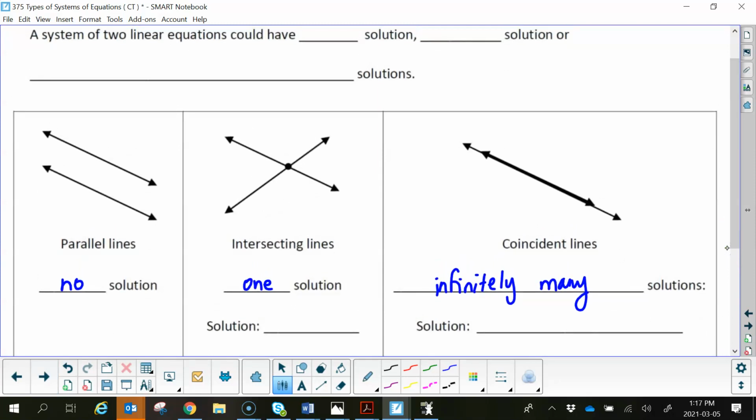So here, the one solution is a point. The solution for coincident lines is a line. So, to summarize, you could have one solution, no solutions, or infinitely many solutions.